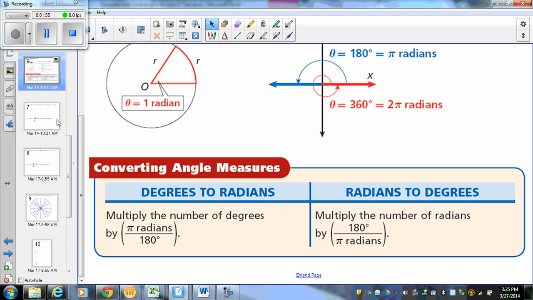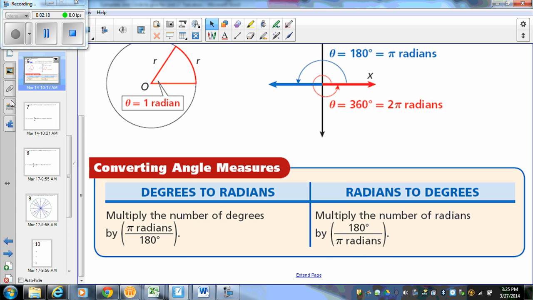If you're converting from degrees to radians, then you would take whatever your degree measurement is and you would multiply it by pi over 180 degrees. Conversely, if you're given an angle in radians and you're trying to convert it to degrees, then you would multiply your radian measurement by 180 degrees over pi radians.